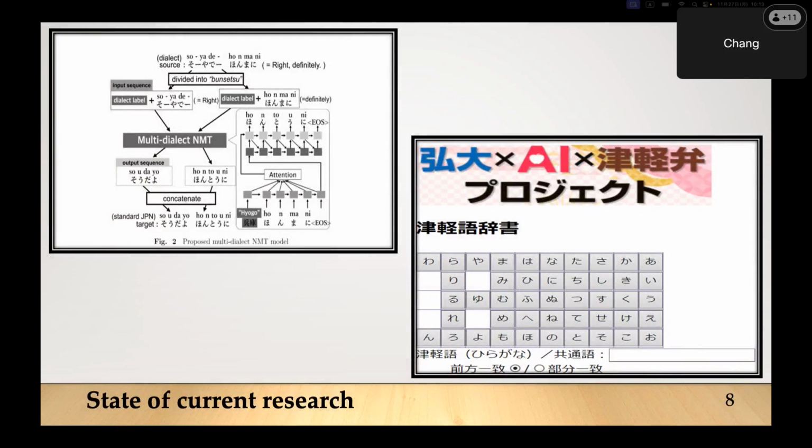There are also projects focusing on one particular dialect, like the project conducted at Hirosaki University related to Tsugaru-ben. The aim of this project was to remove communication obstacles between the younger generation and the elderly. On your right side, you can see a dictionary made during this project.